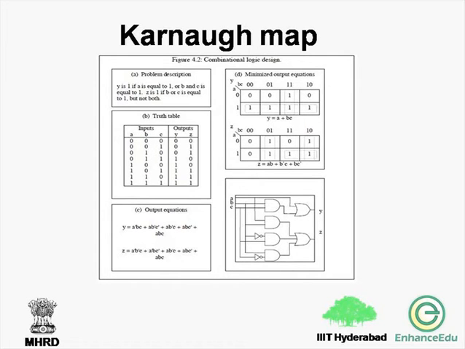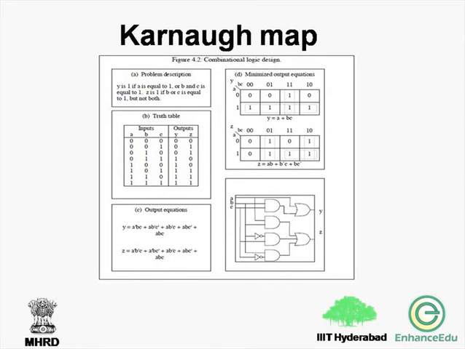Once the outputs and inputs are written in the truth table, the output equations need to be derived. The output Y can be written as A'BC plus AB'C' plus AB'C plus ABC' plus ABC. In a simple way, we consider all possible outputs and describe them in terms of the inputs.